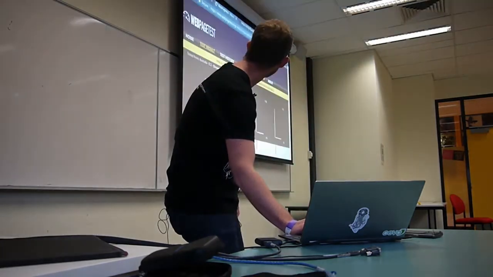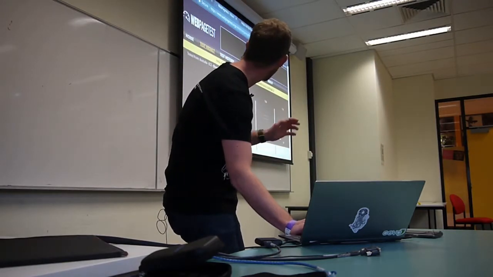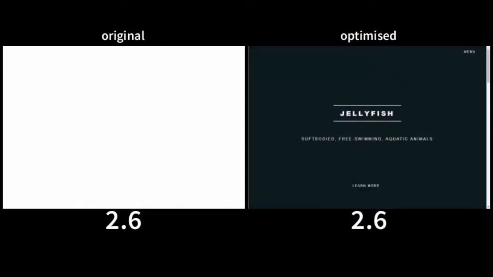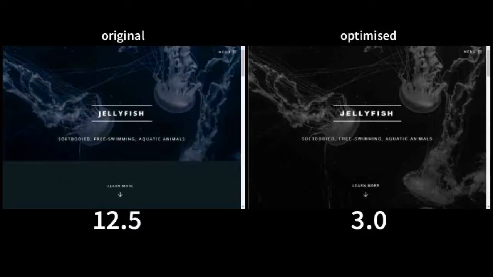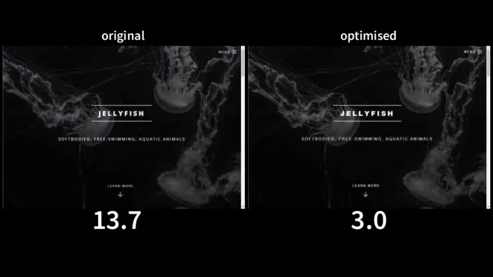So this is where we can demo some of that. I built a website that's all about jellyfish. You can go there and learn all of this stuff about jellyfish. But what I'm going to show now is this comparison, in WebPageTest, of these two sites loading. What we can see is that to start with, both sites have no content.